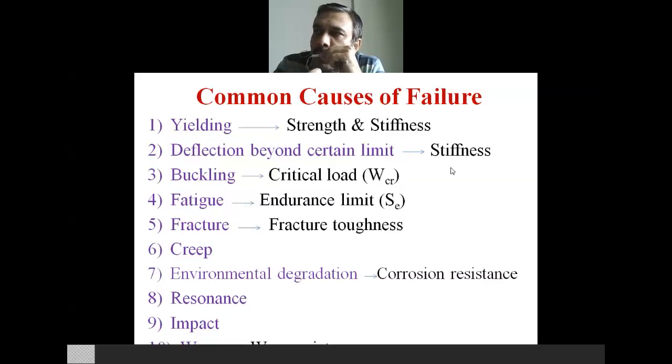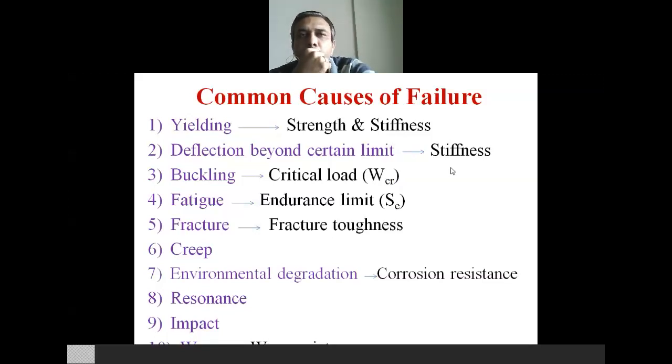Most components which are subject to repetitive loads work for cycles together. You have one working period: once you start the machine, it works for a total of 8 hours or so, and then you stop it. Continuously for up to 8 hours, that machine is under stress or load, and that load or stress keeps repeating.